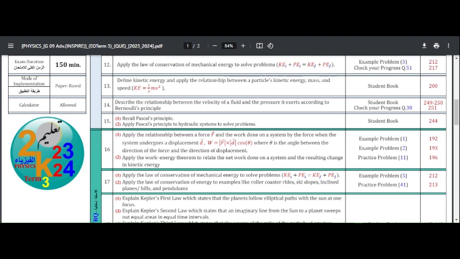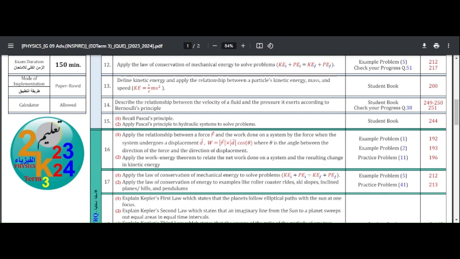So in this, they could give you some situation like a roller coaster which is going up and down, and they could give you the kinetic energy when the roller coaster is at a high place, or the potential energy, and as the roller coaster is moving downhill, it will increase in kinetic energy, and so on. So they will ask you something like, what is the total mechanical energy at a certain point.